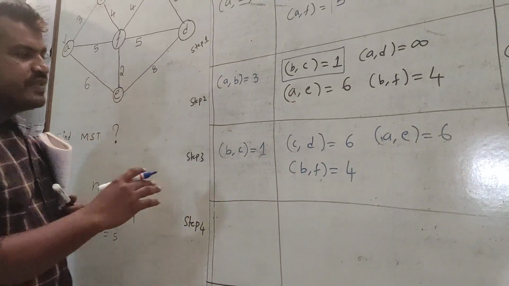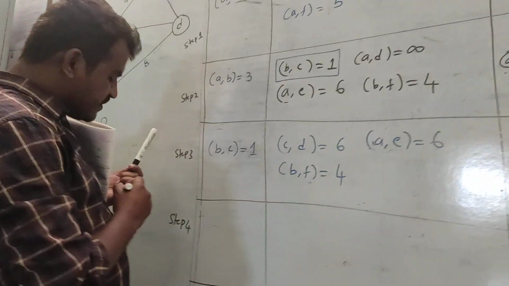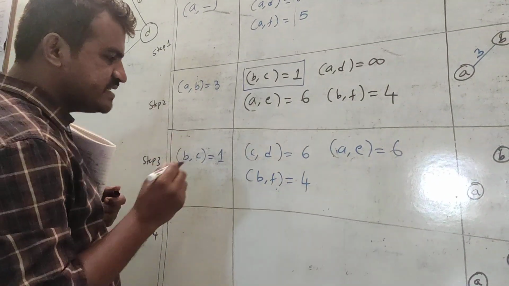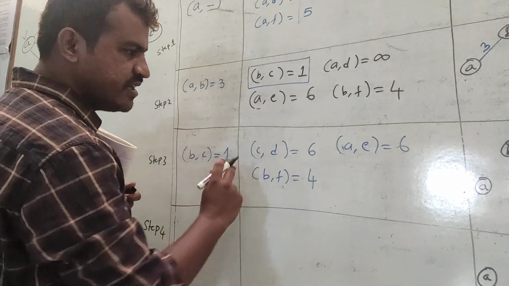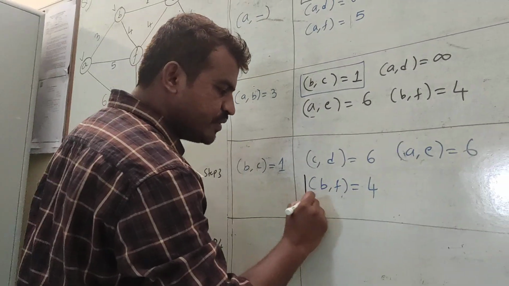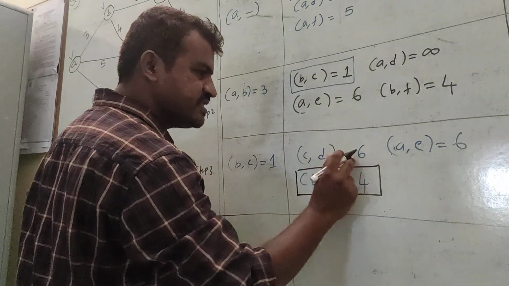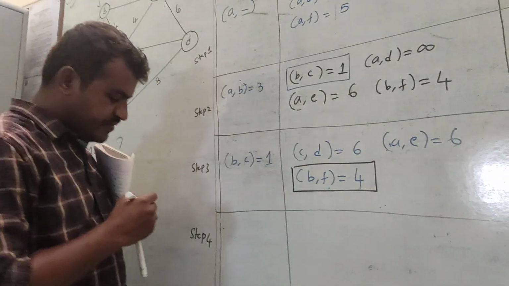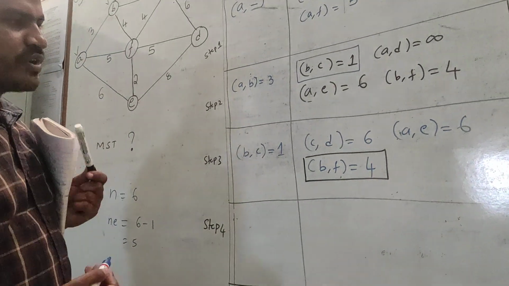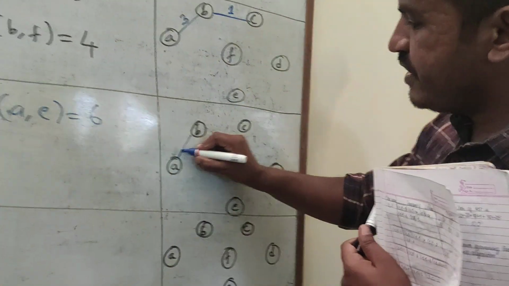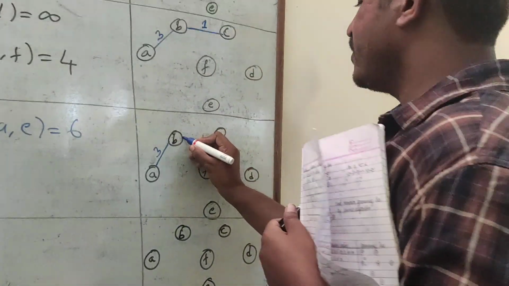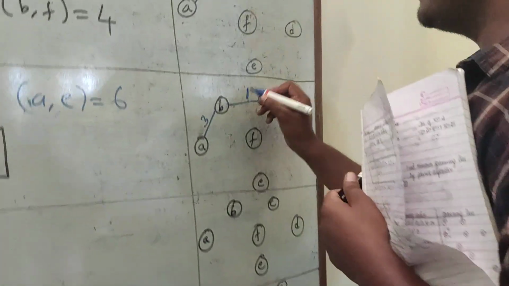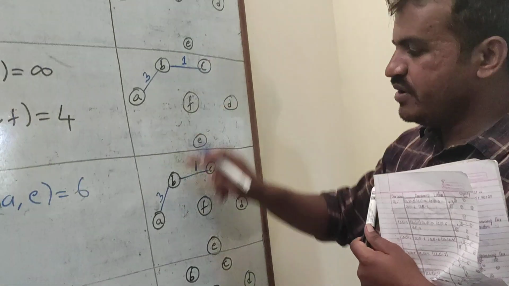Then in the 3 edges, which is the least edge here? The least edge among these is B to F, because 6, 6, 4. In this, B to F is 4, which is lesser. The previous thing you write: previous is 3, earlier already 1. What is there in step 2?